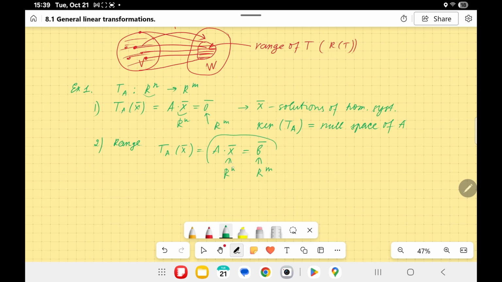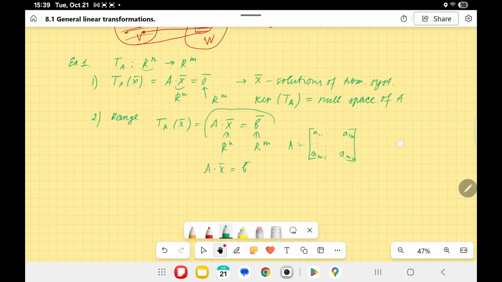So imagine that we have a matrix A. Matrix A is looking like this, like A11, A1n, AM1, AMn. When we write down AX equals B, actually what we do, right?